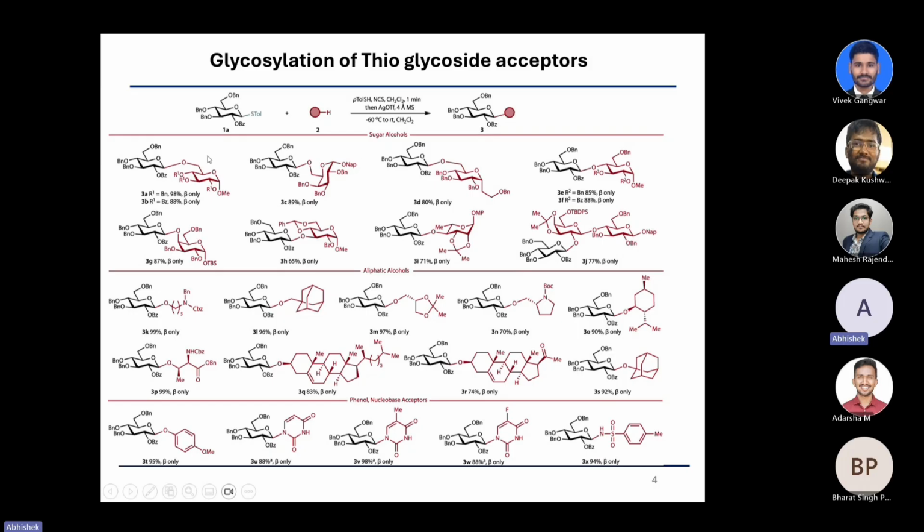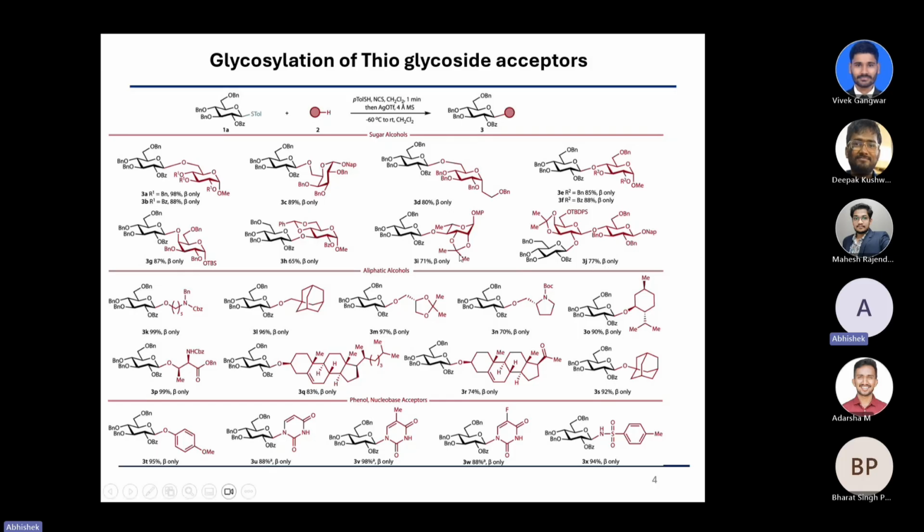If we talk about the sugar alcohols, if we look closely, in all these compounds they are varying only the protecting group, and in all the cases he got very good yields, like 98%, 89%, 80%. But in 3H, 3I, and 3J, he got comparatively lower yields compared to the earlier ones, with 65%, 71%, and 77%.